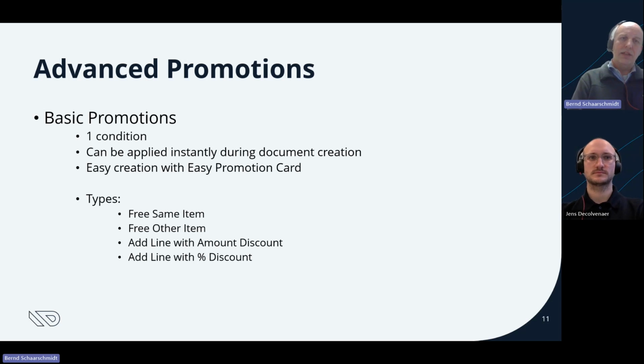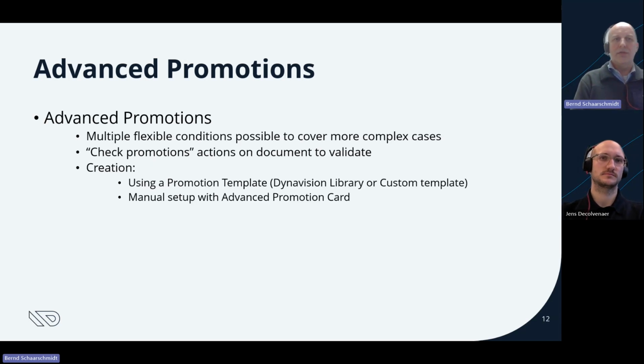And then on the second level, what we really have as the powerful option is the advanced promotions. There we can have multiple flexible conditions that make it possible to have more complex cases. So the easy promotions is working on line level, and here we can have a combination of several lines on the document or several lines combined with fields on the header of the sales order.